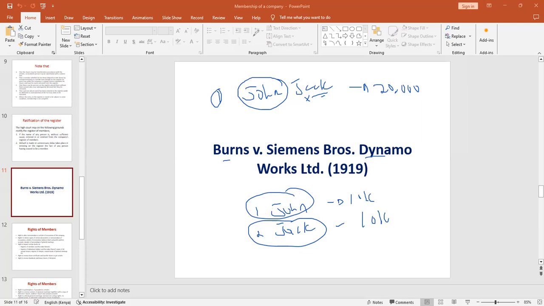Any question up to that part? Because I need us to look at some past paper right now. Any question? I've not understood the case of Banks versus Siemens Brothers. Which part? This part, slide number 11.